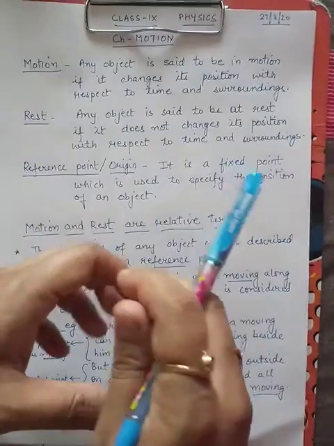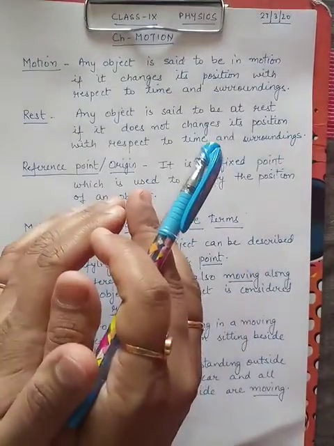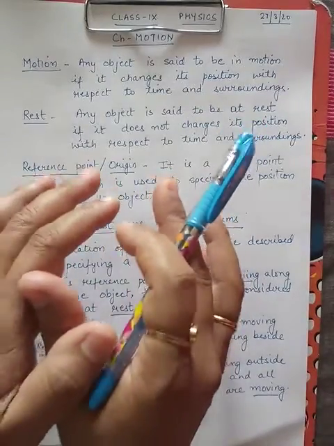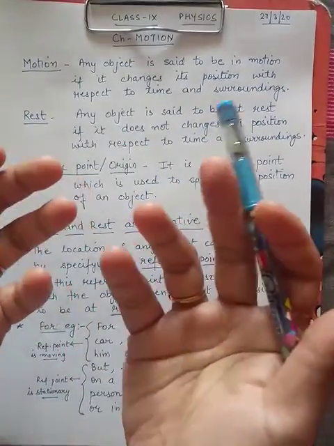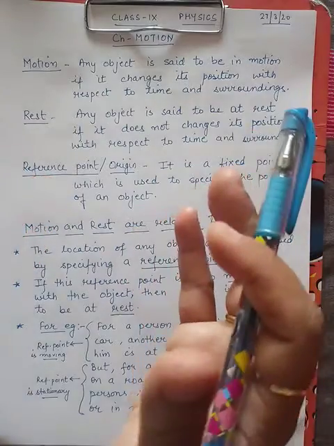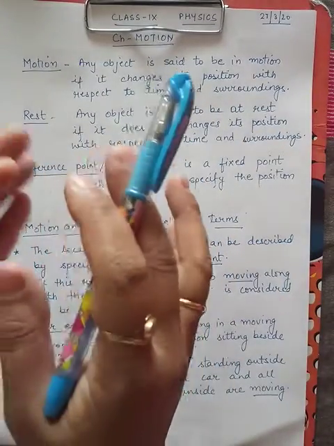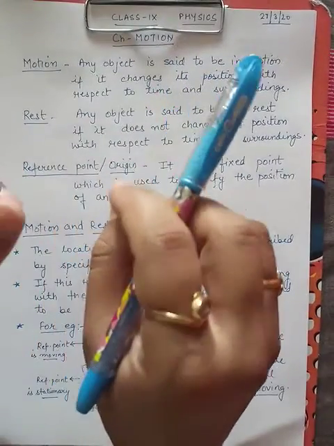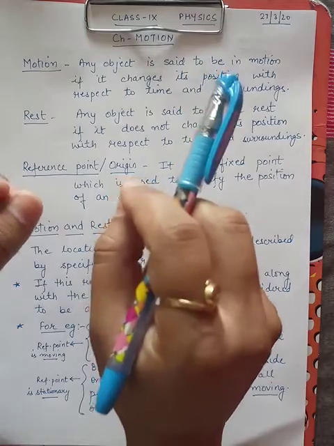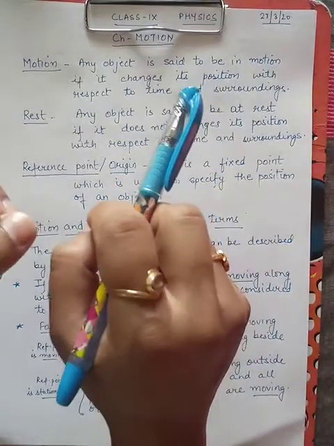How? This concept can be understood with the help of a very simple example. What example am I taking? I'm taking the example of the same car, right? Suppose I'm sitting in a car and you are also sitting in that car.